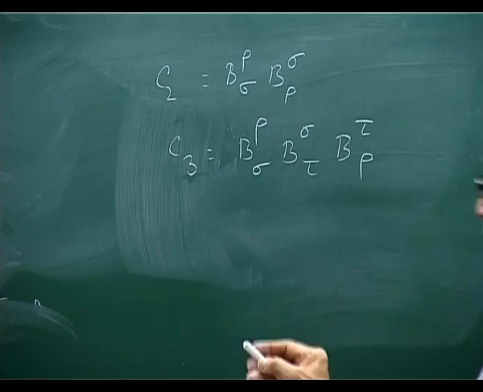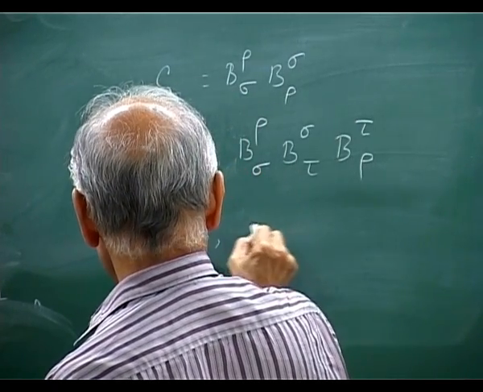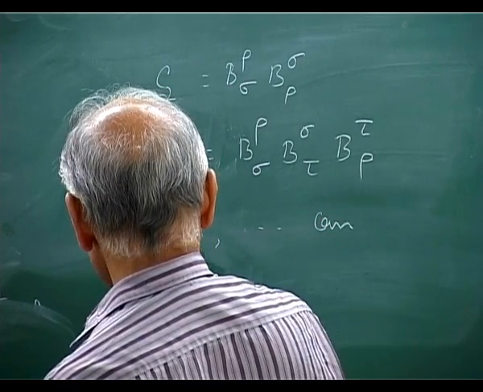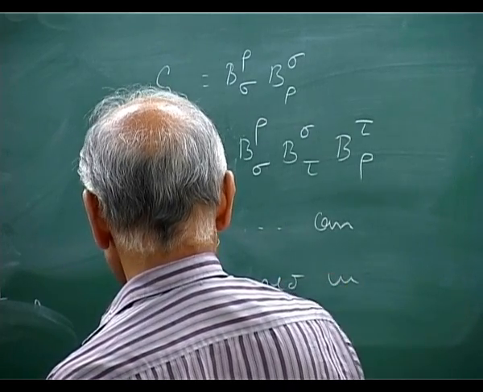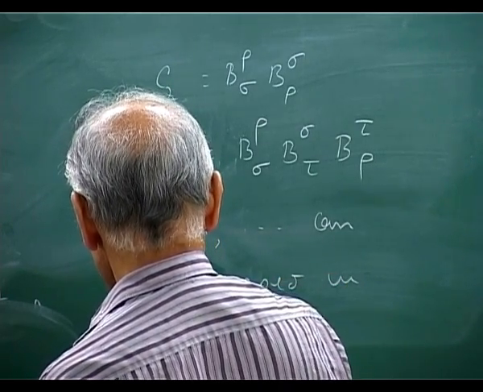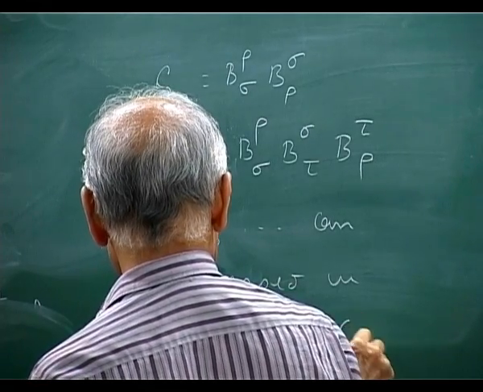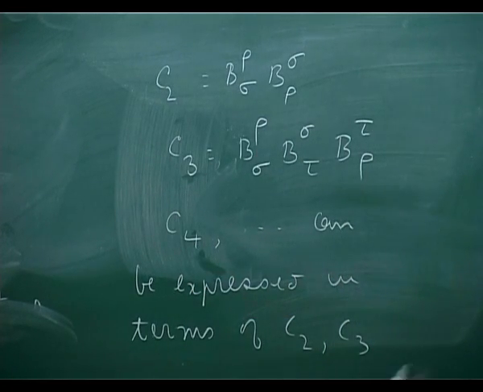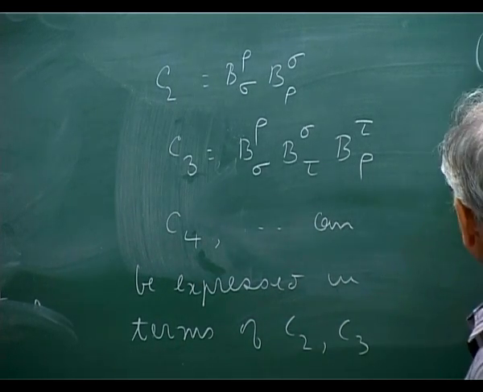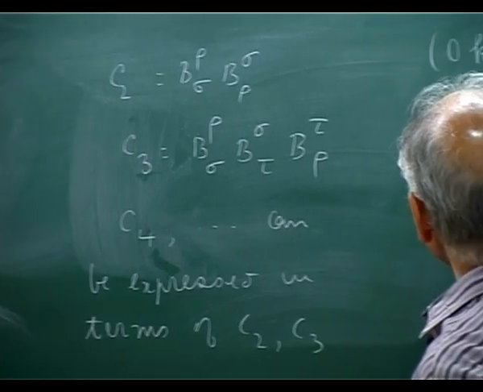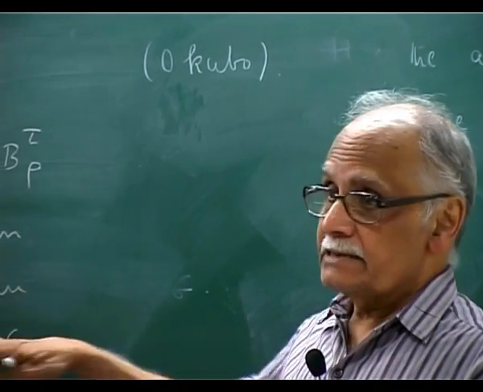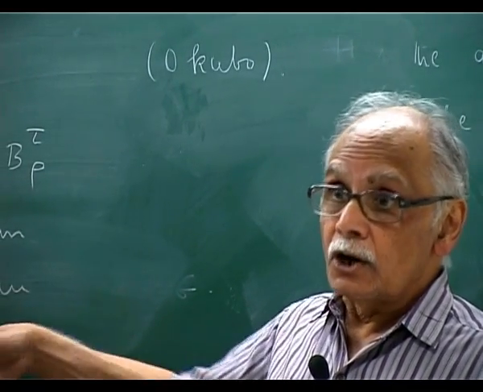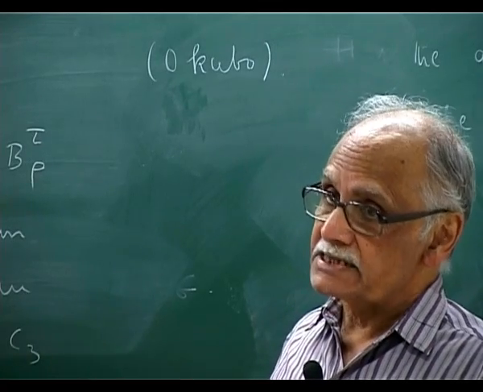C4 can be expressed in terms of C2 and C3, but the way you reduce is not trivial, and this was first explicitly shown by Okubo, that I know. Theorems are all right, but if you do calculations, you would like to know how to manipulate things, and he was the first one to do this, that I know.